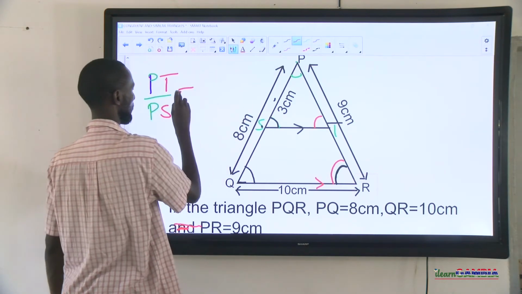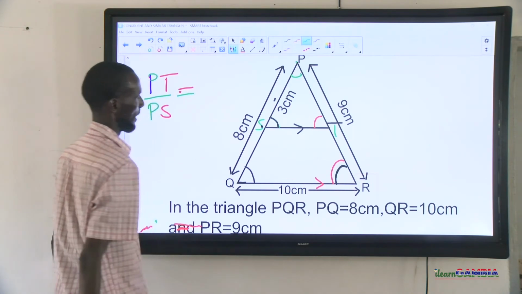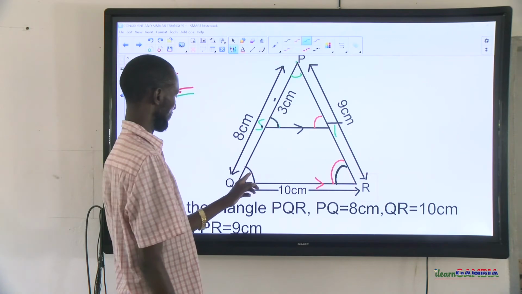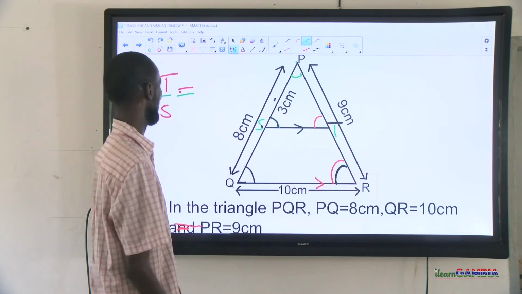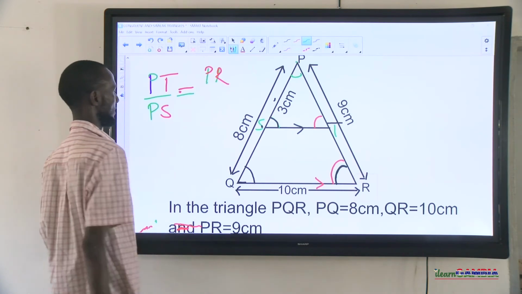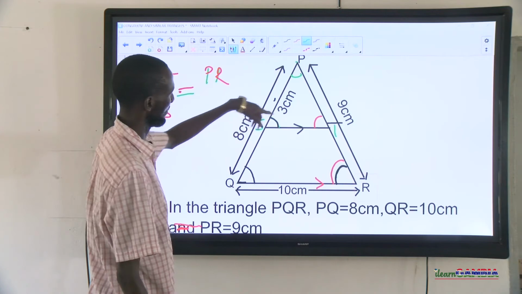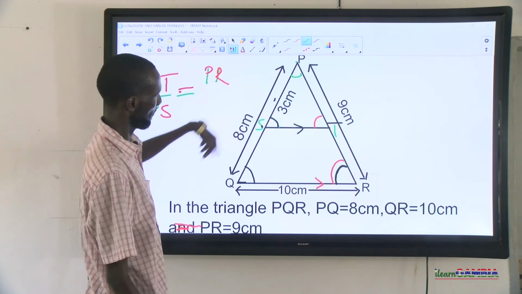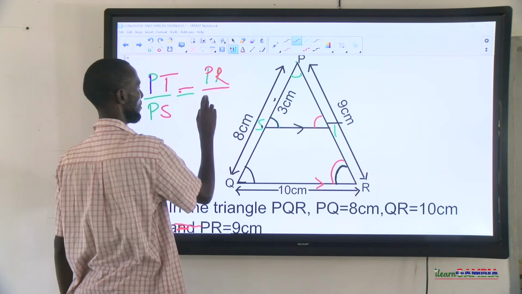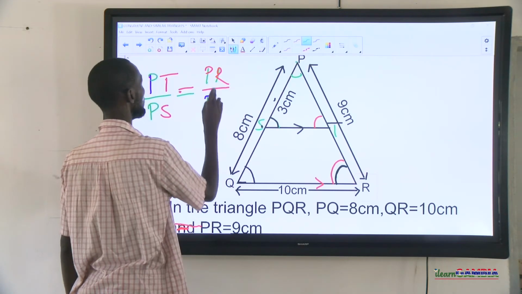I want to equate it to the corresponding sides of the bigger triangle. And PT was the opposite, the black here, and for the bigger one, that is the PR. Okay, and then the PS is right here, opposite the red, which for the bigger one is PQ. So over PQ.